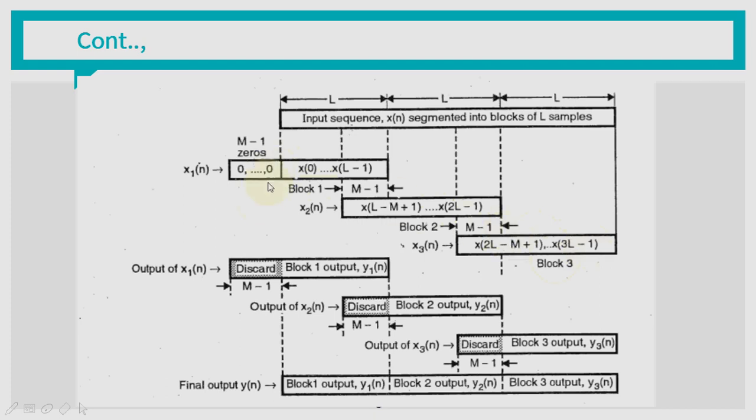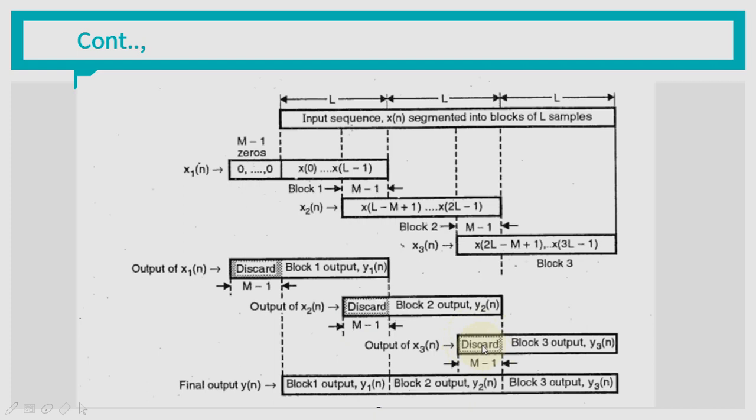After the input blocks are formed, they are multiplied with h(n), so you will get y(n). After computing y1(n), the first M minus 1 samples should be discarded, and the rest is your actual output. Again, from the second block, M minus 1 samples should be discarded and the new samples taken as output.